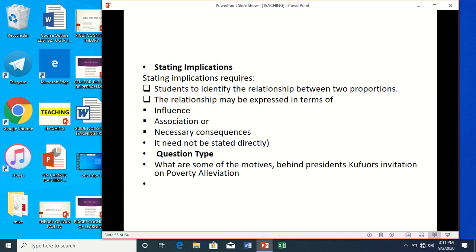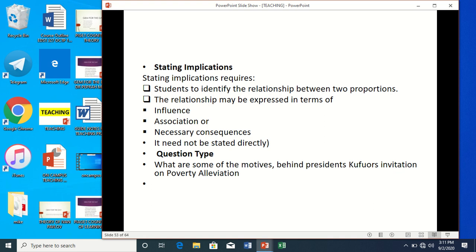The relationship may be expressed in terms of influence, association, necessary consequences, and it needs to be stated directly. Question type, for example: What are some of the motives behind, for example, President Kufuor's invitation on poverty alleviation? What were the motives behind this?